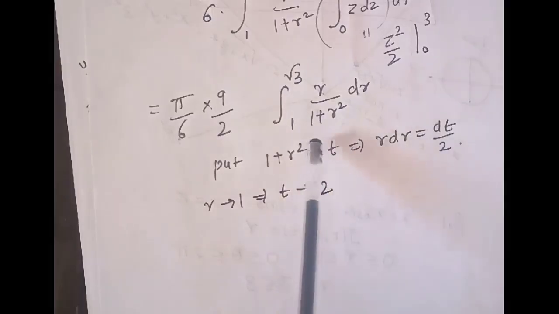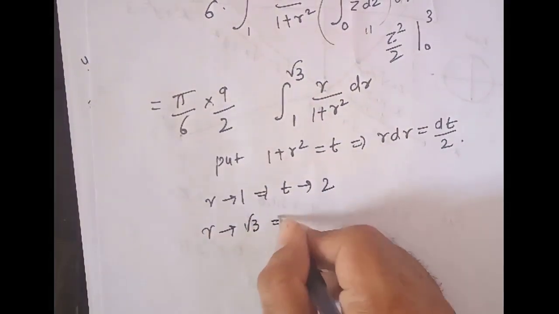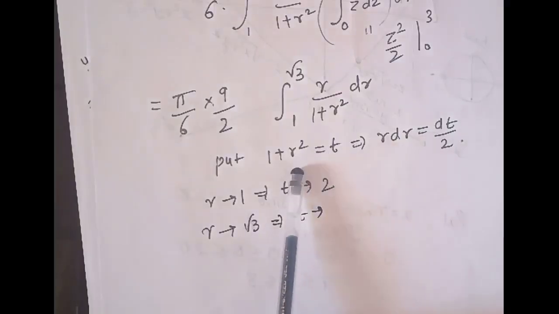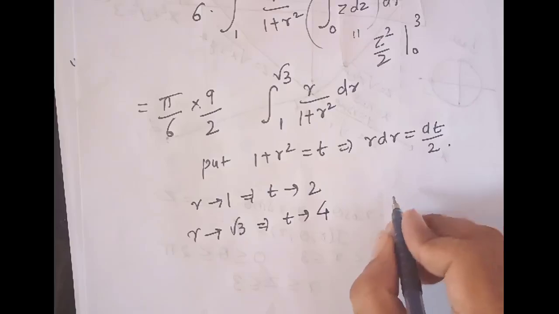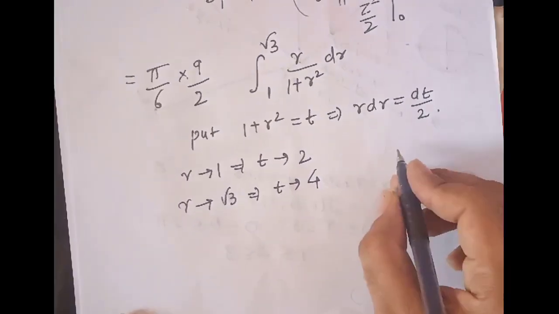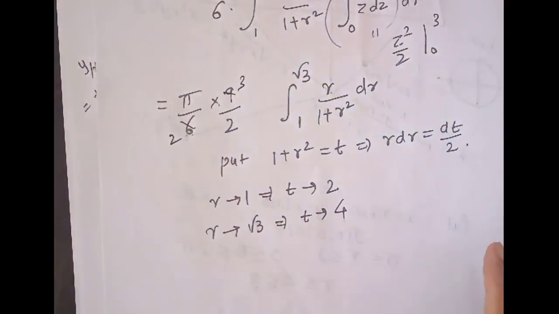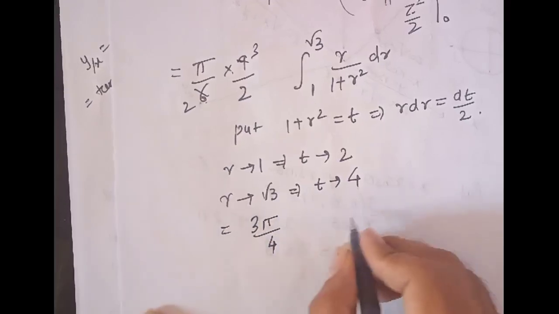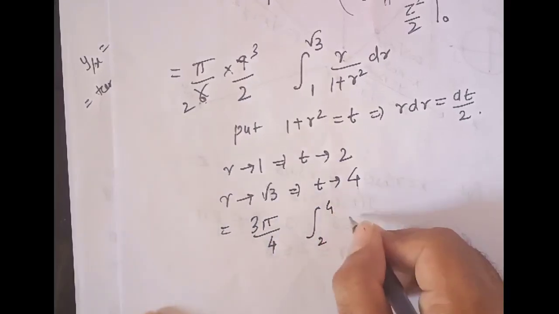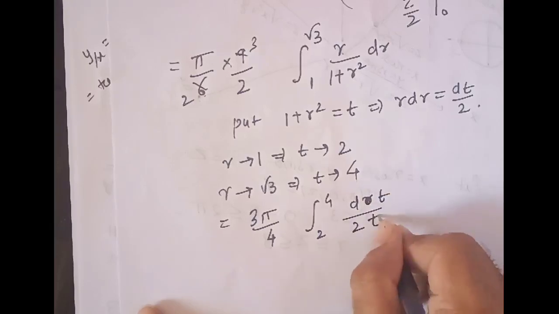And r goes to root 3 implies t will go to root 3 square, that is 3 plus 1, that is 4. Okay, so we are now reduced to, and this also I'll cancel, 3 2 times, 3 3 times. So I am left with 3 pi by 4 integration 2 to 4 dt upon 2t.